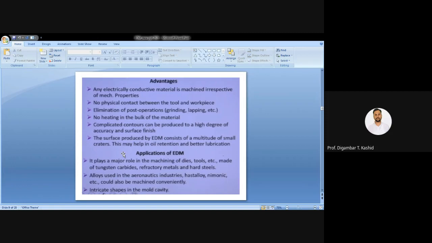Again, we can produce intricate shapes in the mold cavity using this EDM. So the EDM process is very famous and very popular in any industry. So these are the applications.